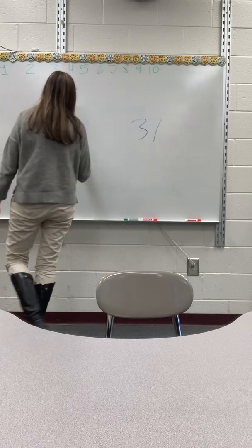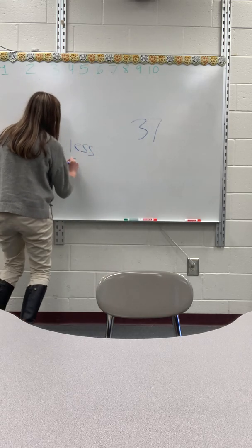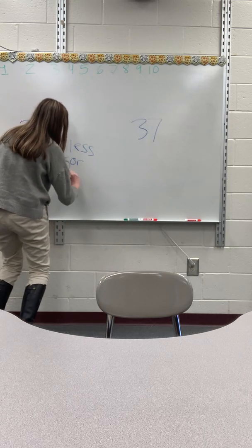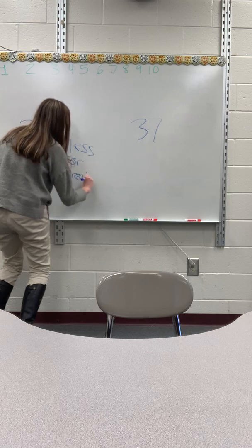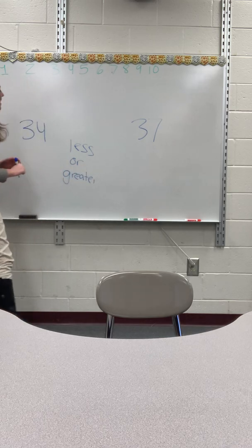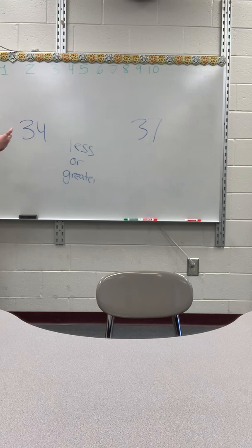I'm going to put less or greater down here at the bottom to match with your Big Ideas math. So if we were to draw 34 on the board as a model, how many rods would we have to make?